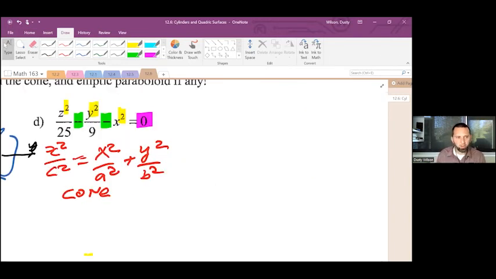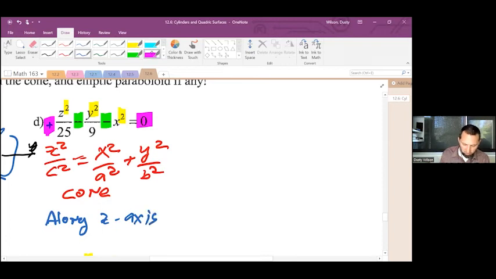Continuing with the pattern that we've had previously, we're going to try to graph the cone, and we notice that one of the variables, the z, has kind of a different type of pattern in the signs. And so by this point, you probably guessed that this will be along the z-axis, and it's a cone.